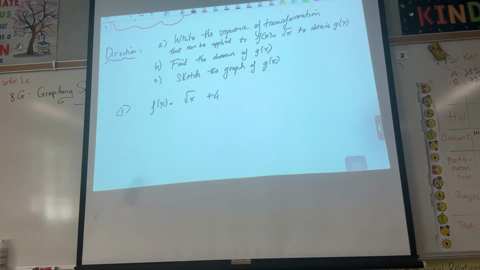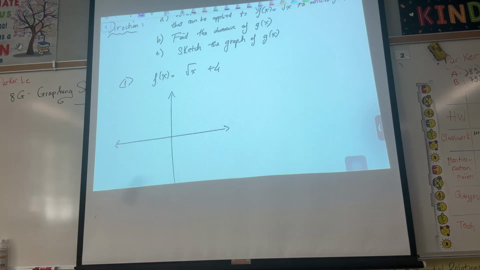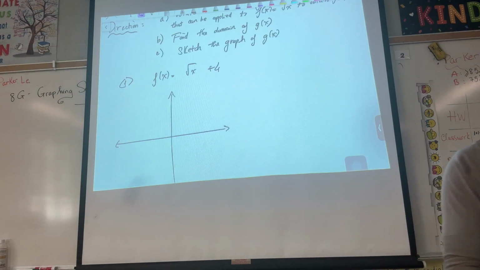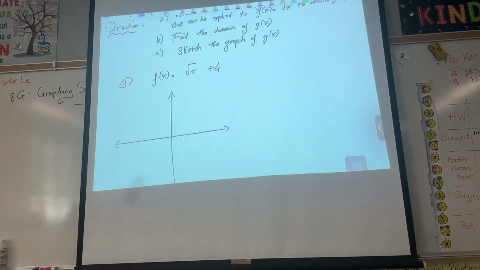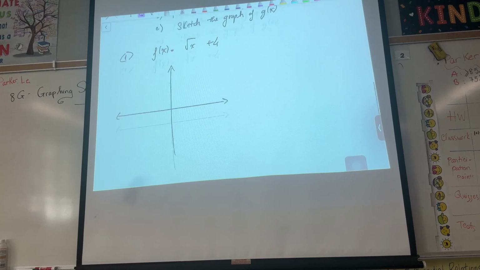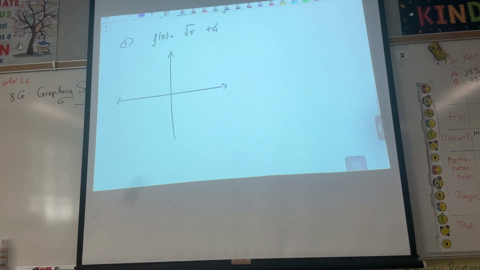Oh, T table is middle school, I forgot about T table.